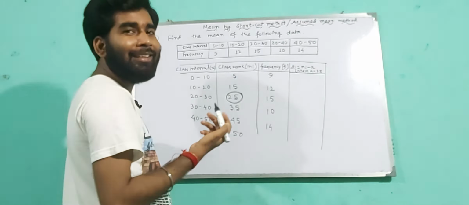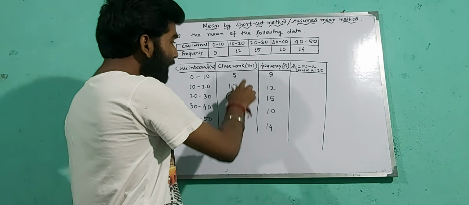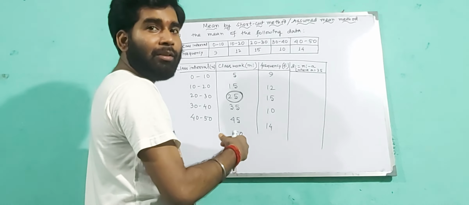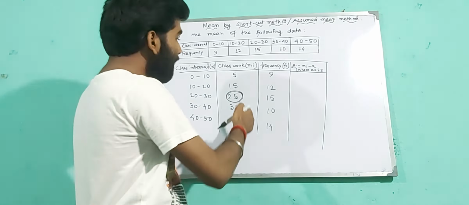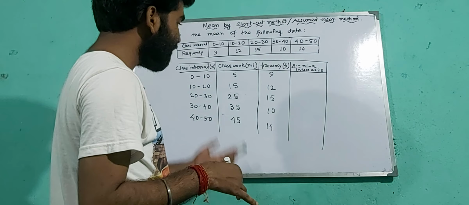No exact middle is there, so just take either 25 or 35, either of the two middle ones. Don't take anything from the two ends. In this case it is odd, so you can easily take the middle one. If it is 7 or 9, you can also easily take the middle one.